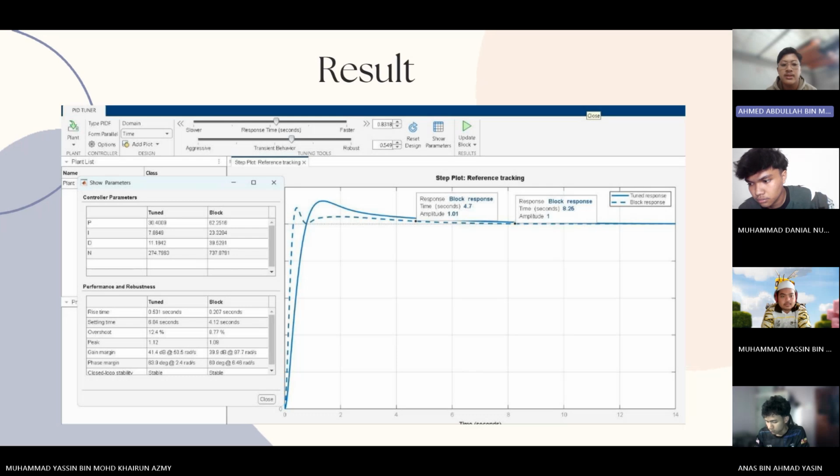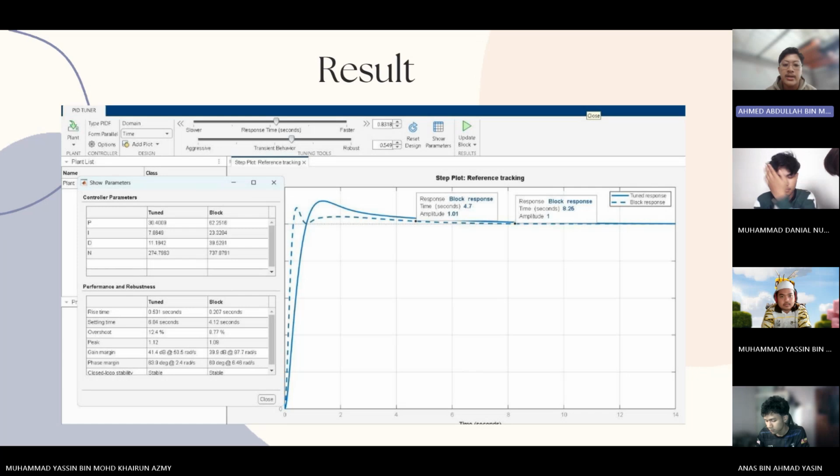PID controller was successfully designed and implemented in Simulink to control the position of the DC motor. The goal was to meet the specific time domain performance requirements, including a percent overshoot of less than 20%, a rise time of less than 2 seconds, a settling time of under 10 seconds, and a minimal steady state error.